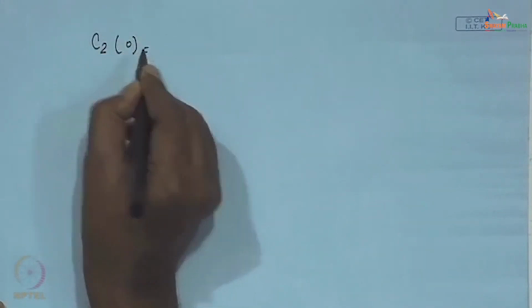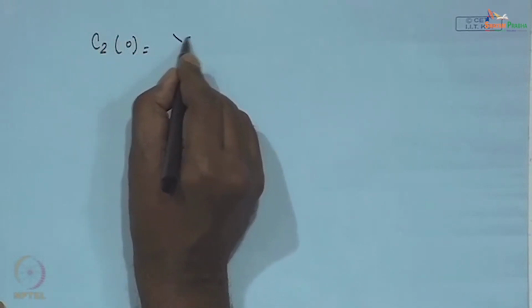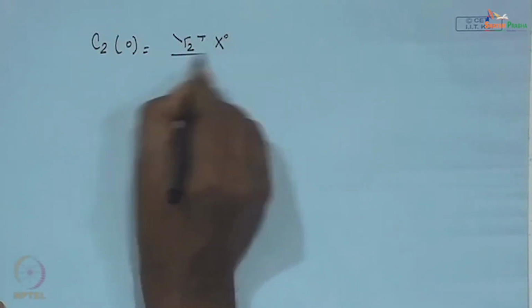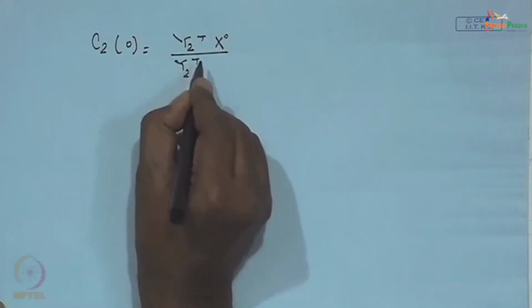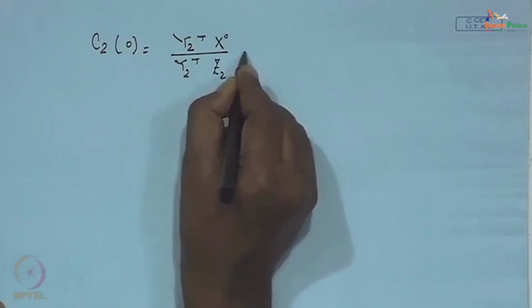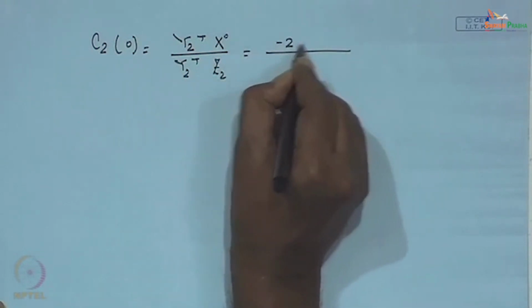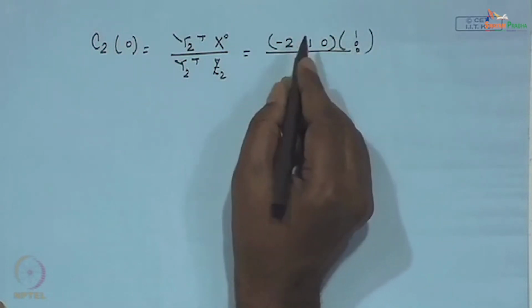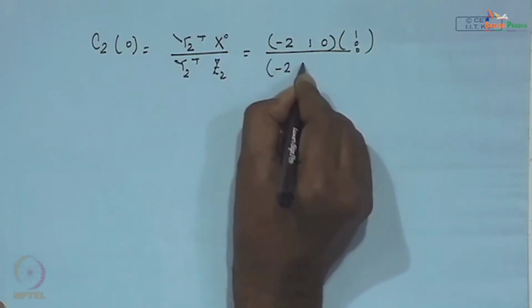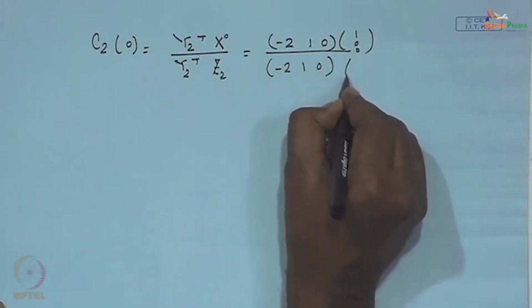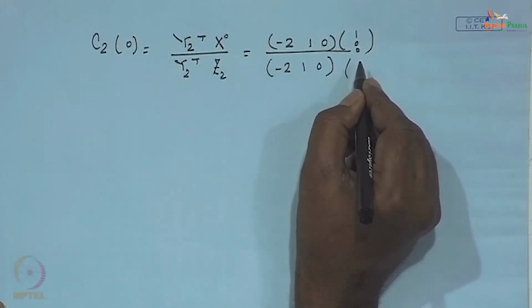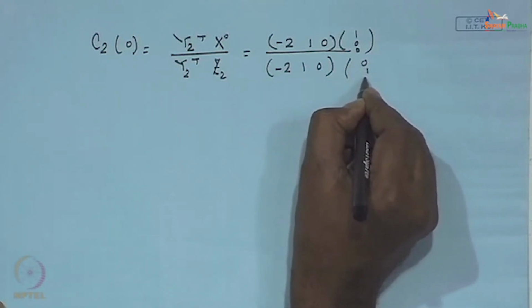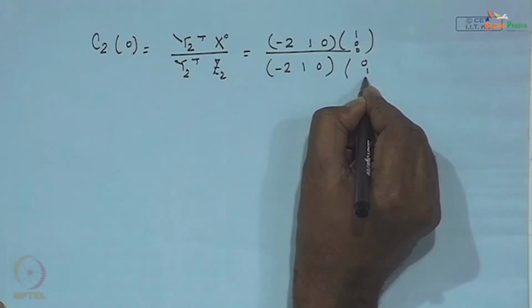c2(0) turns out to be y2 transpose x naught divided by y2 transpose z2. This becomes [-2, 1, 0] times [1, 0, 0], divided by [-2, 1, 0] times [0, 1, -1].